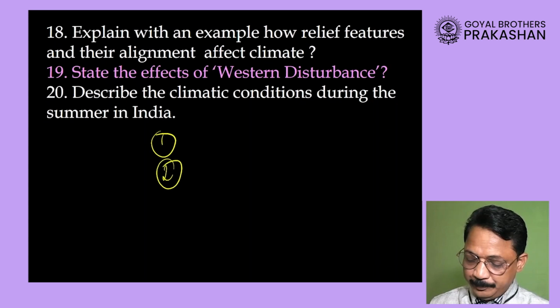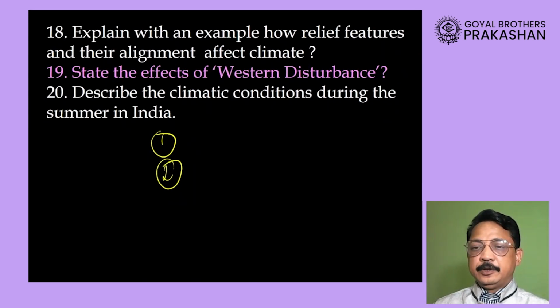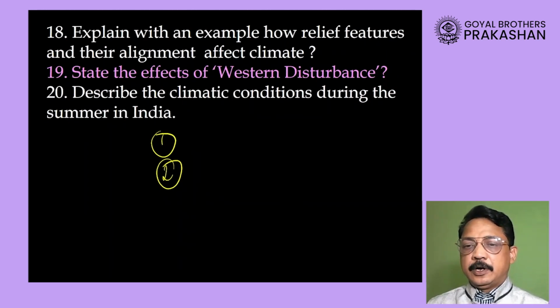Point number two, the northern parts of India, that means the North Indian plain, experience temperature of 40 degrees up to 45 degrees also, whereas South India experience temperature of 30 to 35 degrees during summer.